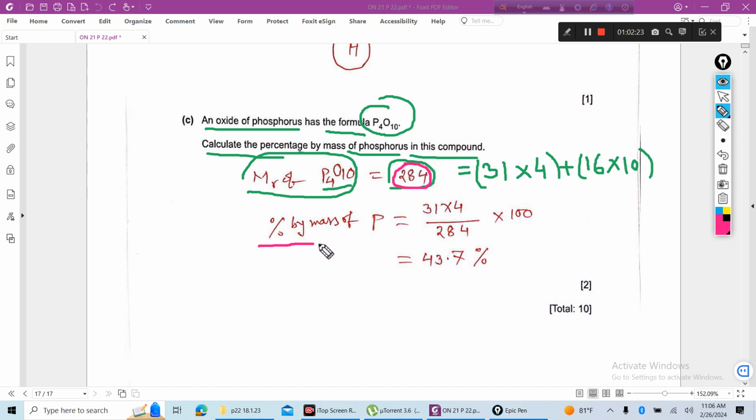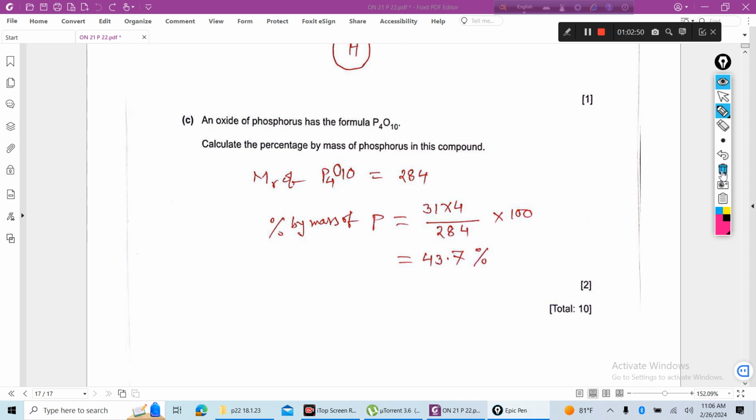Now the percentage by mass of phosphorus in 284. There are 4 phosphorus atoms. In 284 grams, there are 4 phosphorus. So 31 times 4 divided by 284 times 100, total 43.7%.